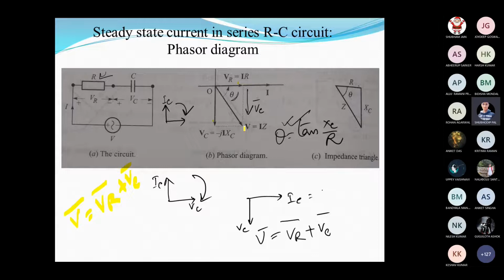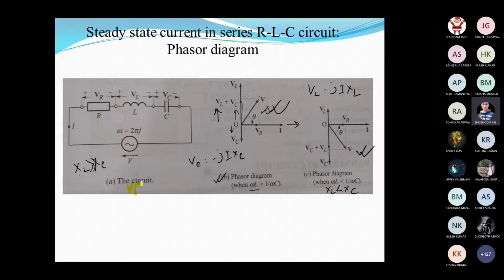Okay. And we may have a series RLC circuit, as I told you here, VR plus VL plus VC. The phasor sum will be equal to the supply voltage V. Depending on the value of the inductor or capacitor, the circuit is like this: R plus j(XL minus XC).